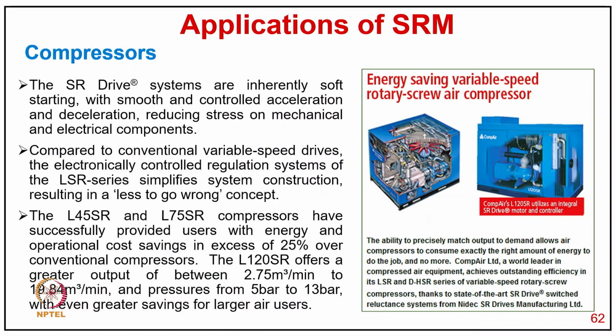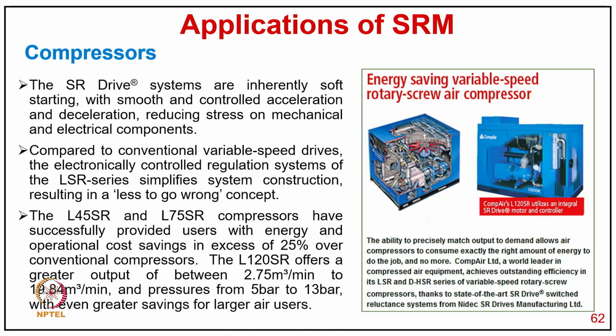Now coming to the reluctance motor drive application to the compressor. The SR drive systems are inherently soft starting, with smooth and controlled acceleration and deceleration, reducing the stress on mechanical and electrical components. Compared to conventional variable speed drives, the electronic control regulation schemes of the LSR series simplify the system construction, resulting in a less-to-go-wrong concept.